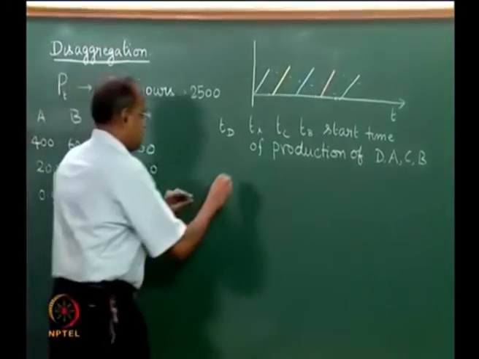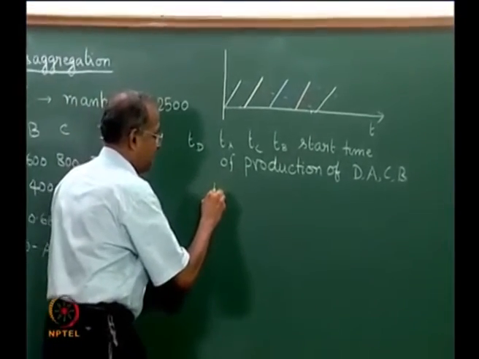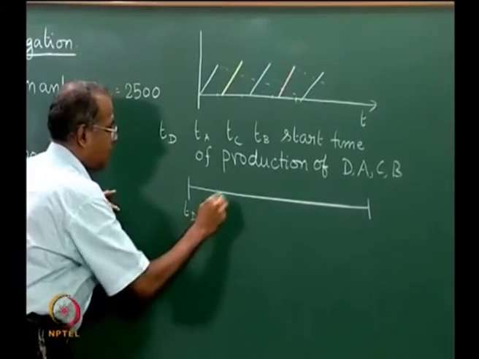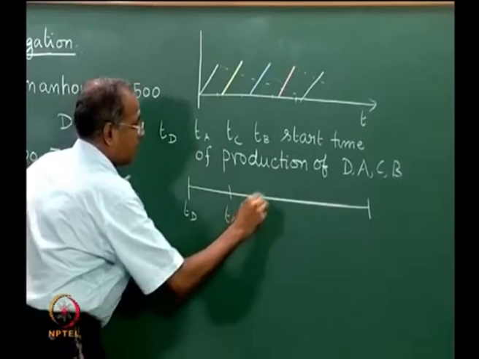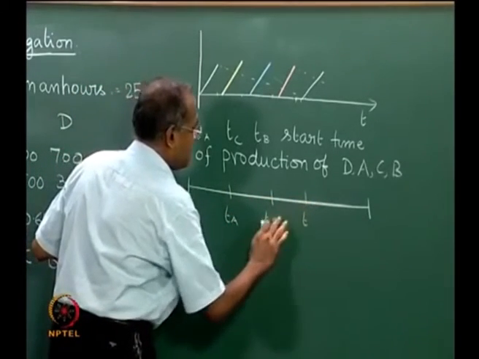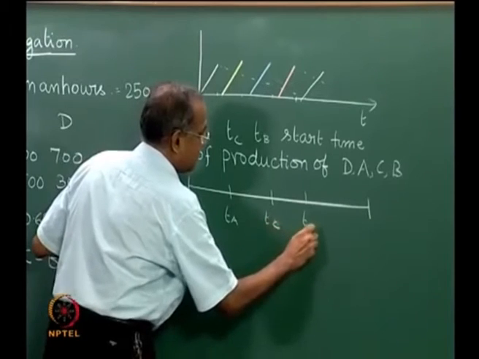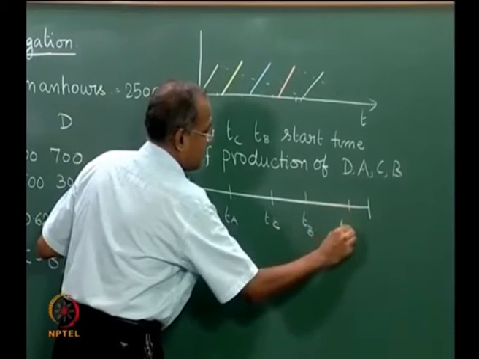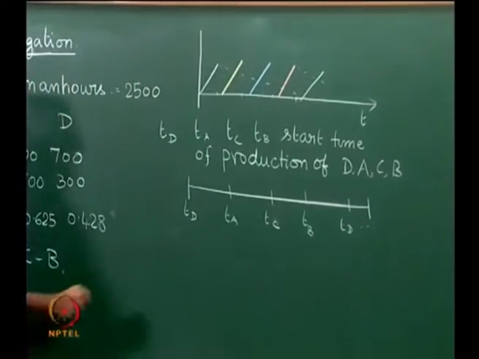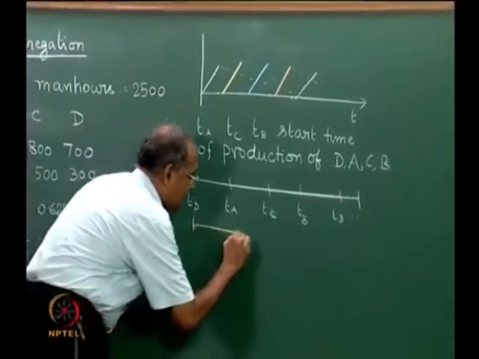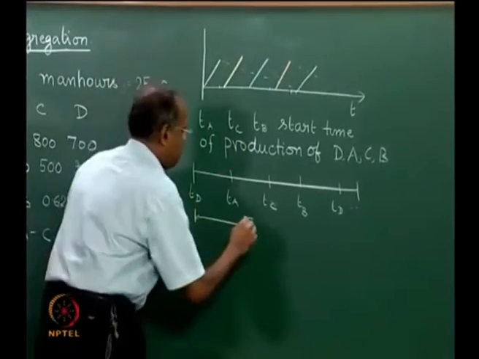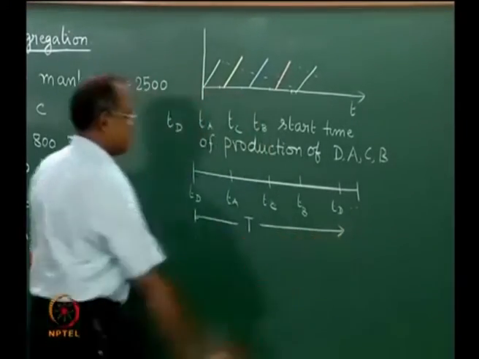So, it is like this is a time graph. Let us say I am starting Td here, I am starting Ta here, I am starting Tc here, Tb here, and then once again I start Td and so on. Now, this is my cycle of production, which is capital T. So, I start from Td and one more up to this is my cycle.